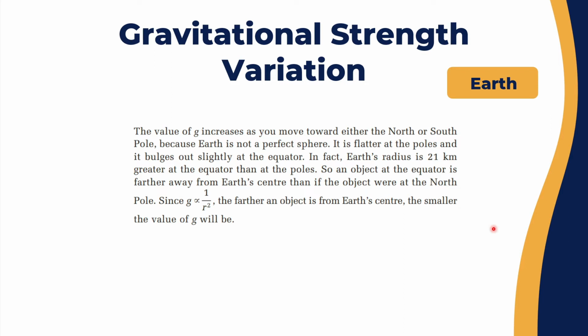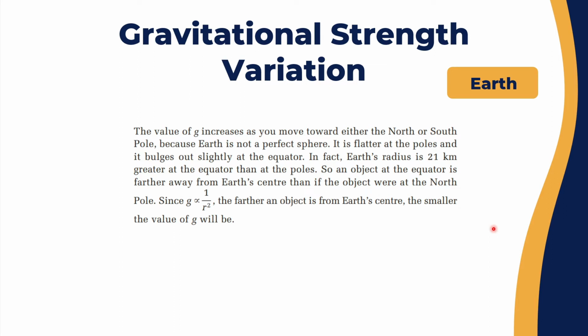The Earth's radius is known to be 21 kilometers greater at the equator than at the poles. So an object at the equator is farther away from the center of the Earth than an object at the north or south pole.